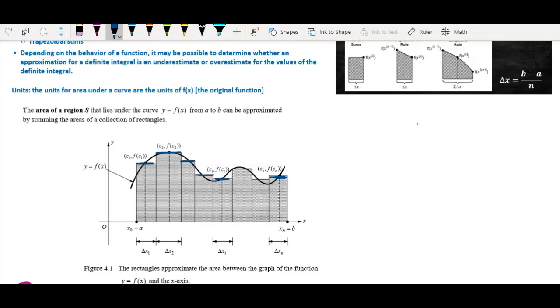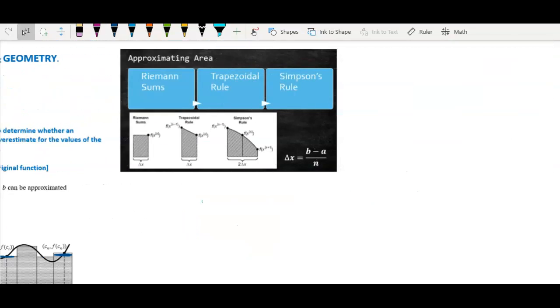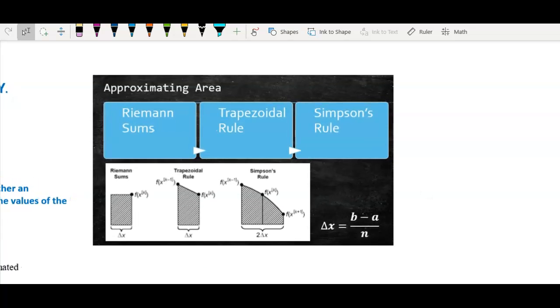A midpoint approximation is usually pretty close to the actual area. So, to find delta x is the change in x.